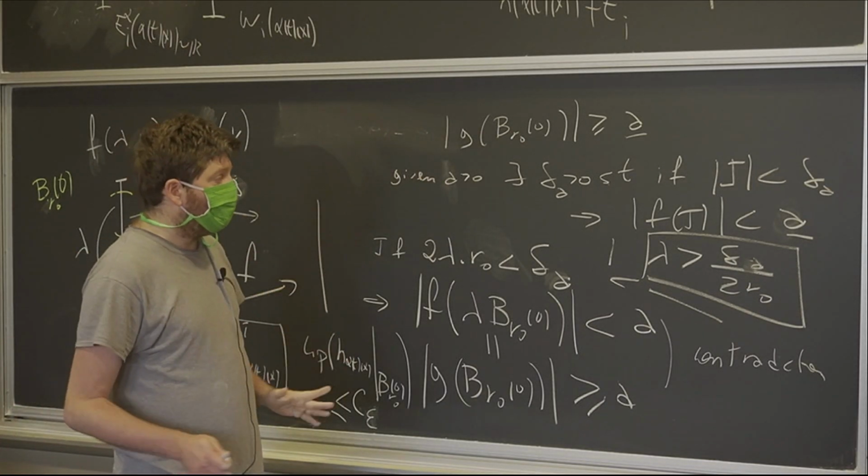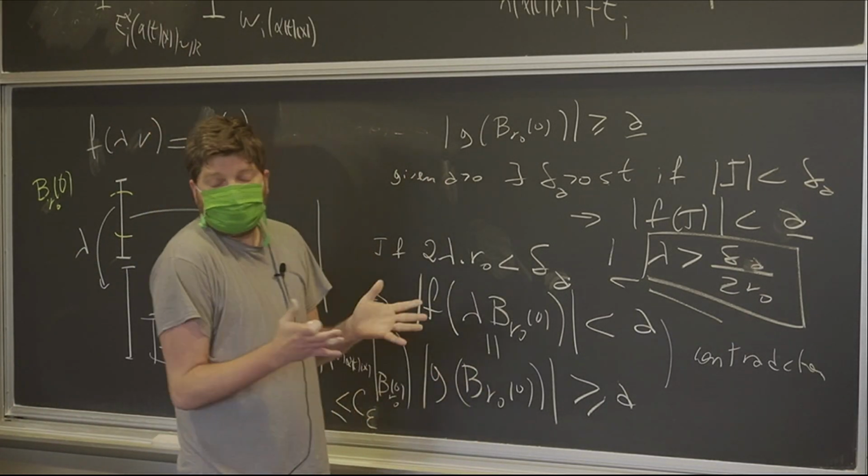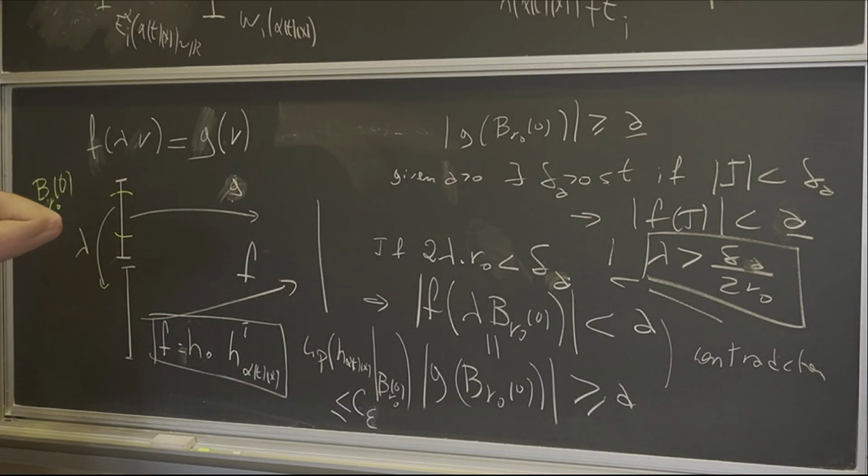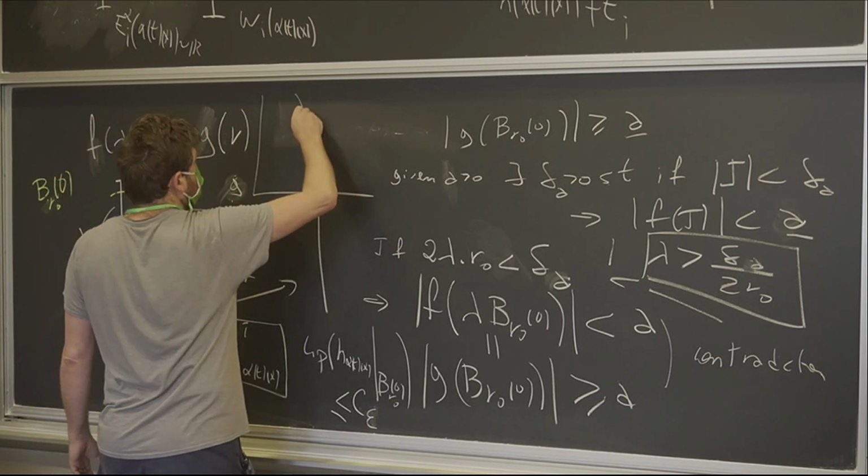And this you have almost no control over because you just know there is some non-collapsing. But that's it. So this argument shows that lambda is bounded below.